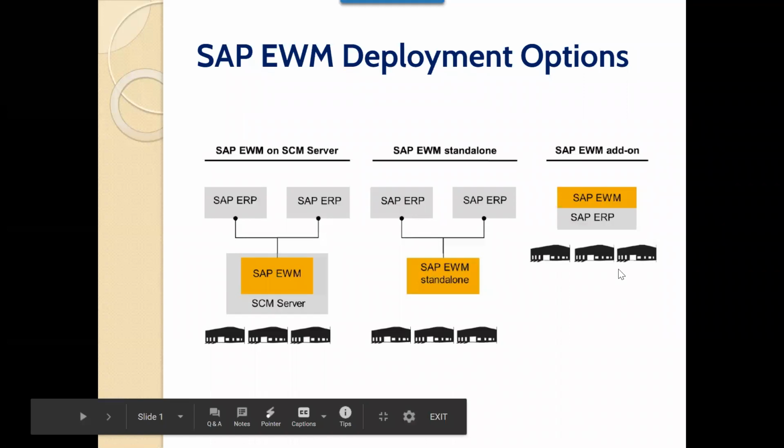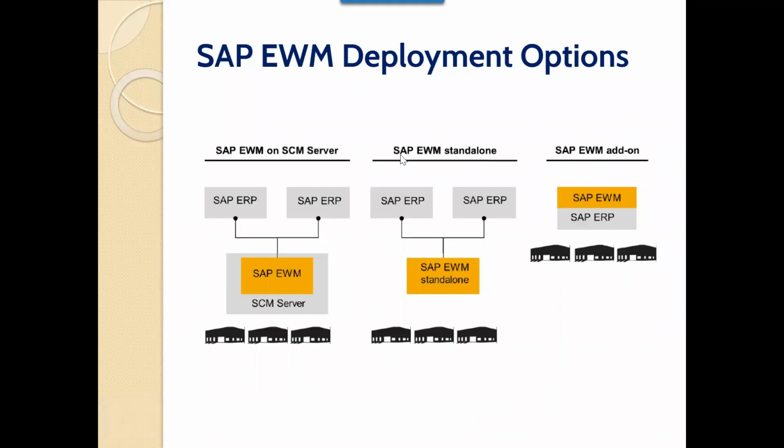So the first option is EWM with SCM server. What is going to happen here, in the simplest way, is that the client is going to purchase the total SCM server based on their need, including EWM.